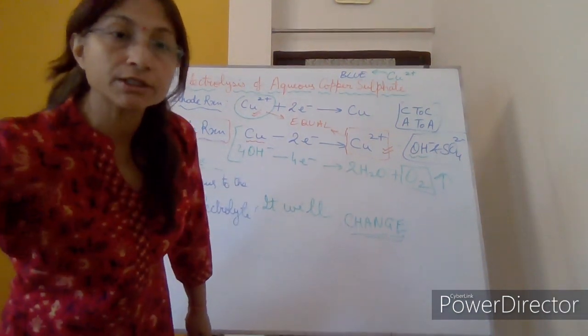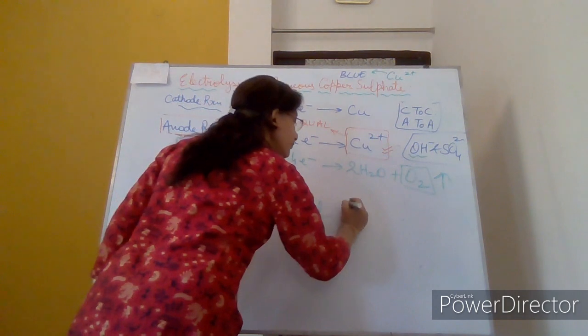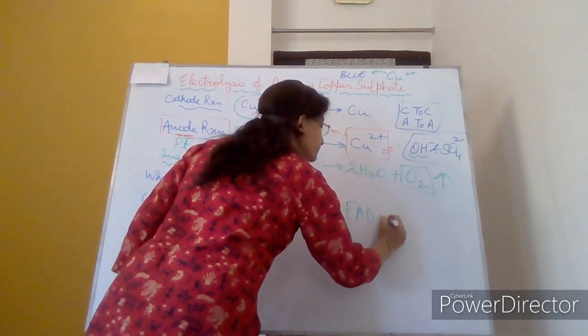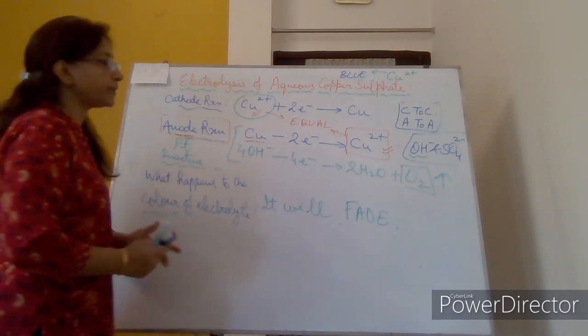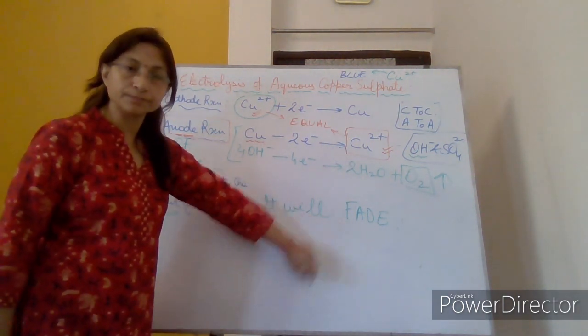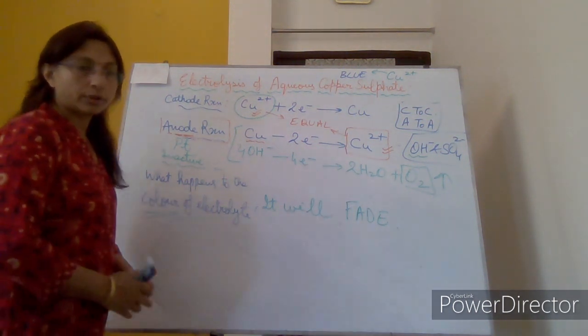It will change. And how will it change? It will simply fade. धीरे धीरे फेड हो जाएगा and ultimately it will disappear. So I hope this is clear to you. Thanks for the day.